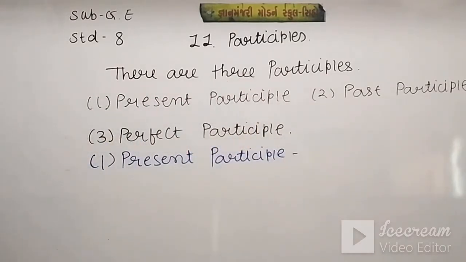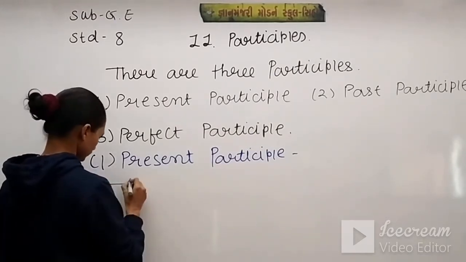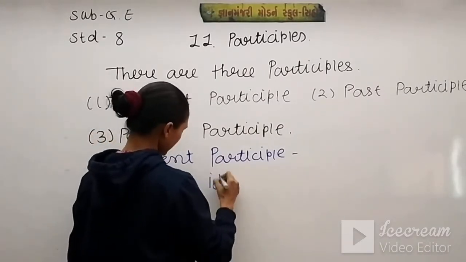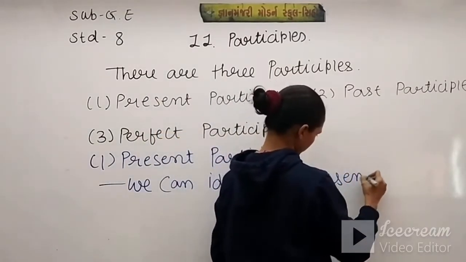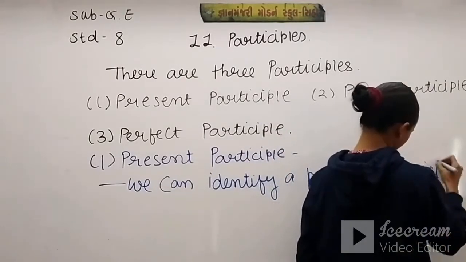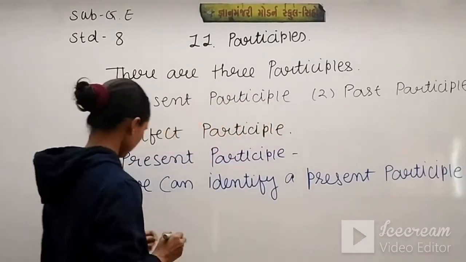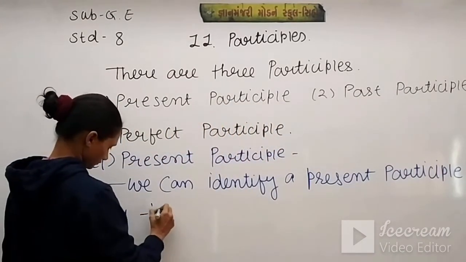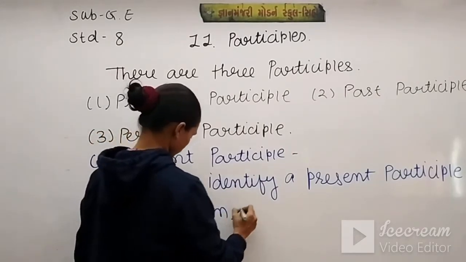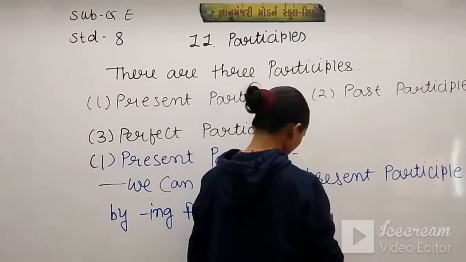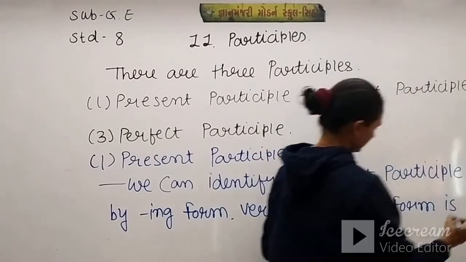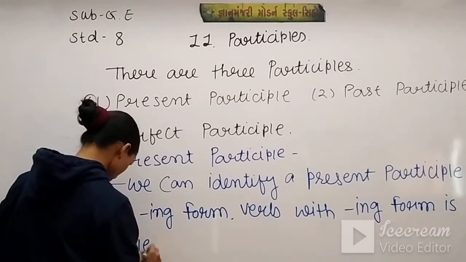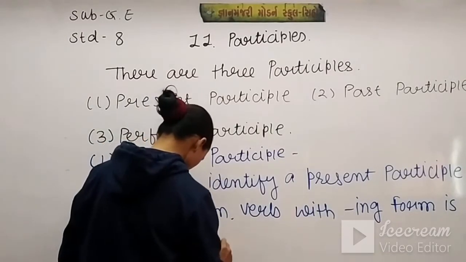Present participle, we can identify a present participle: verb with ing form is called present participle.